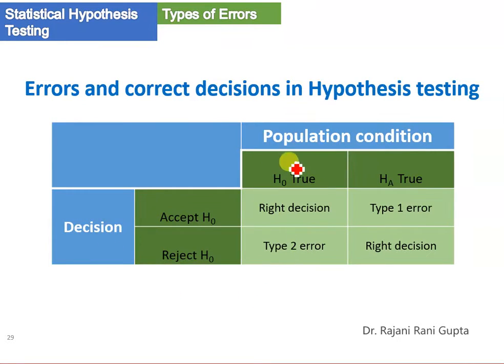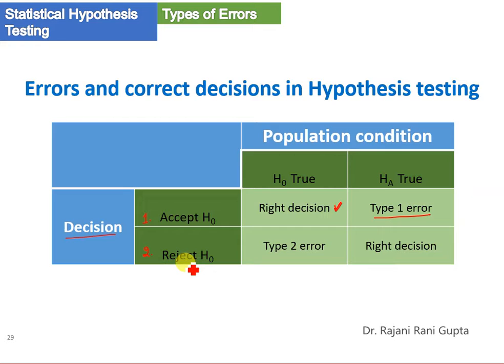So we can put this in tabulated form. Suppose we make a decision: the first decision is accept H naught, the second is reject H naught. If we are accepting H naught and H naught is true, then this is the right decision. On the other hand, if we accept H naught but H1 is true, this is called type 1 error.